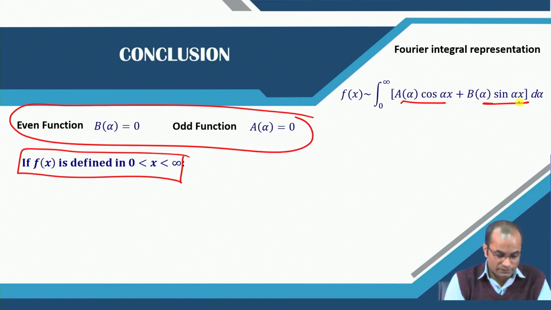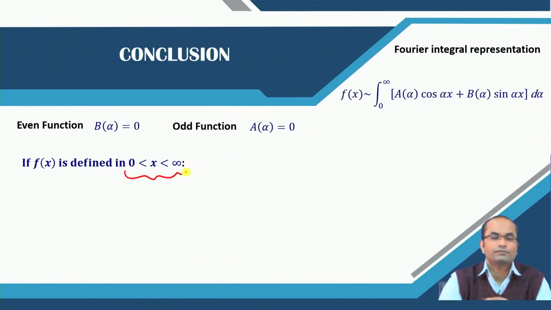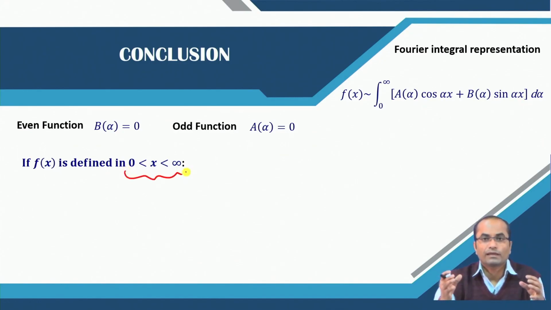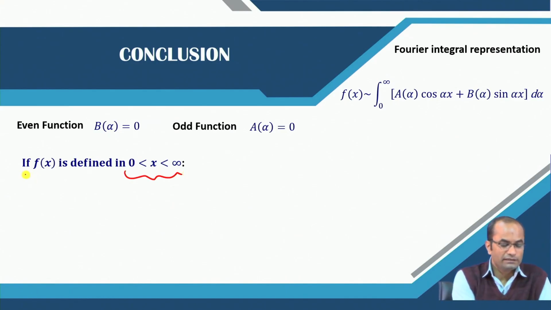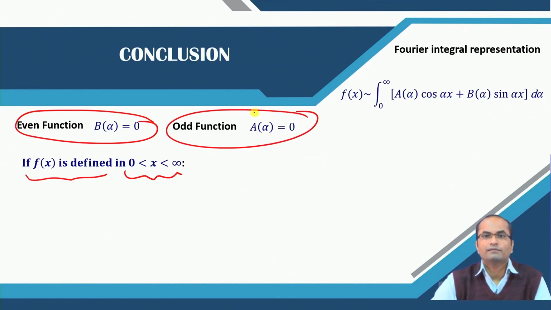But we then extended the idea: suppose the function is defined in the interval 0 to infinity, then we have the possibility of extending this function to make it an even function, or an odd function, on the whole real axis. In either case the idea discussed here will be applicable, and we have a simplified and desired formulation.